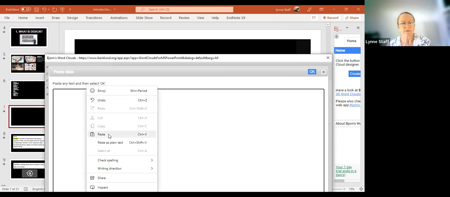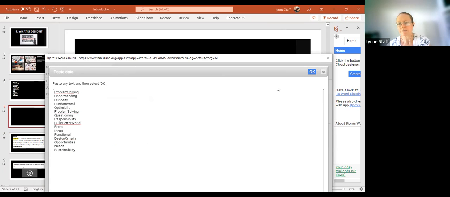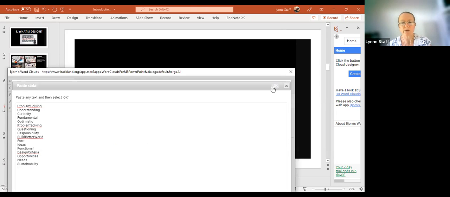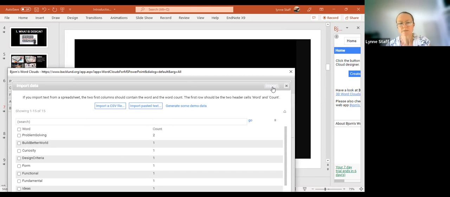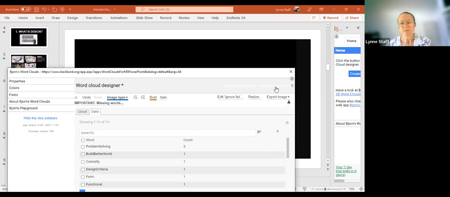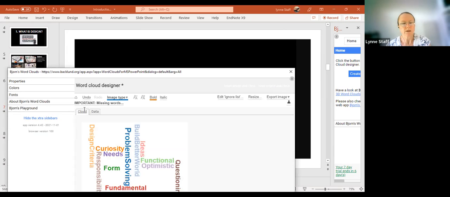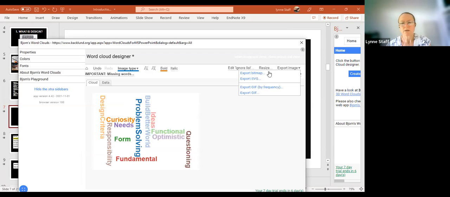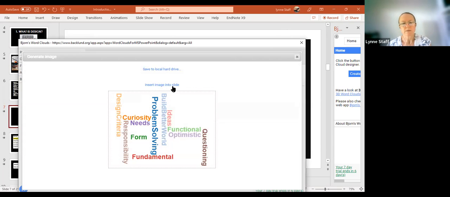And then we'll just get that visual representation of what we've all come up with. Here's our word cloud. Ready to our PowerPoint, so we can have a look at it.